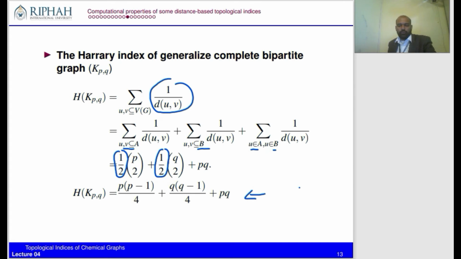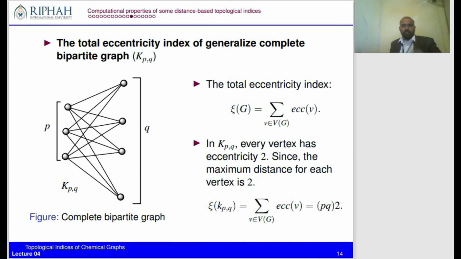Okay, we move to some eccentricity based topological indices. The total eccentricity index of the complete bipartite graph K_{P,Q}. First of all we discuss the definition: the summation of the eccentricities of all vertices in a graph G is the total eccentricity index.